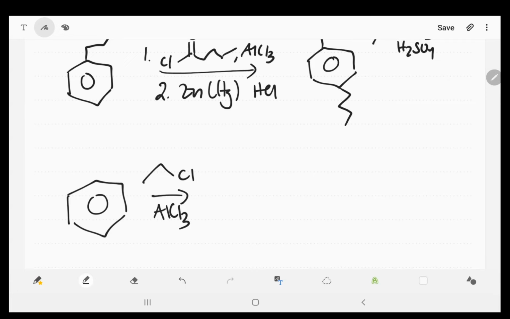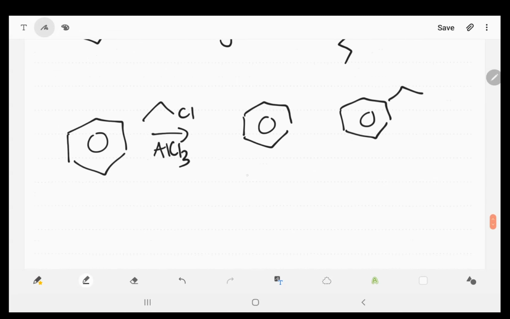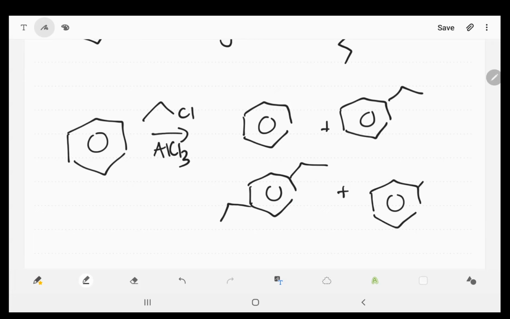But if you just throw in, say, an alkyl halide, you're going to end up with some benzene, you're going to end up with some monoalkylated, you're going to end up with some polyalkylated, some trialkylated, tetraalkylated, who knows? Because each time you add on an alkyl group, you're making it more reactive.